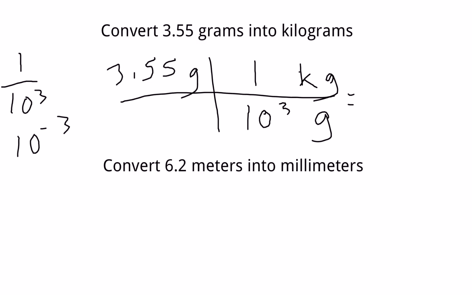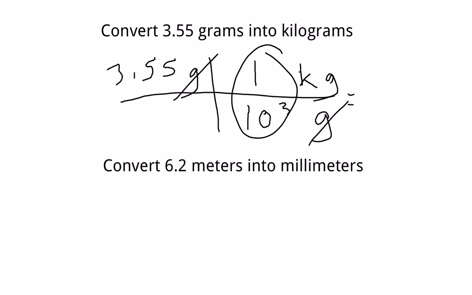That's important to remember, because sometimes we're using positive exponents and sometimes we're using negative exponents. So if I rewrite this, the grams would drop out, I would get kilograms, and I'd really be doing 3.55 divided by 10 to the third, or 3.55 times 10 to the negative third, because I can rewrite this as 10 to the negative third if I flip it.